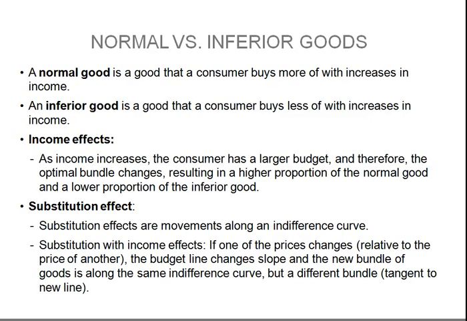Normal versus inferior goods. Normal goods are those goods a consumer buys more of with an increase in income. Whenever we have a boost in our income, we are going to buy more of them. Those goods are normal goods. Inferior goods are goods which a consumer buys less of with an increase in income.